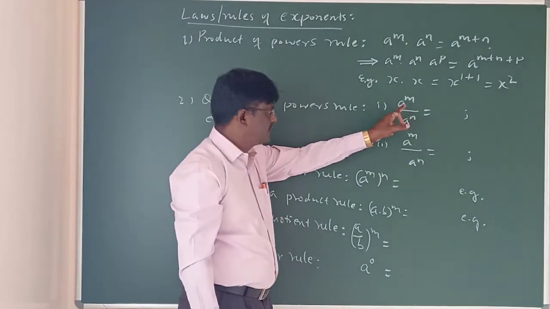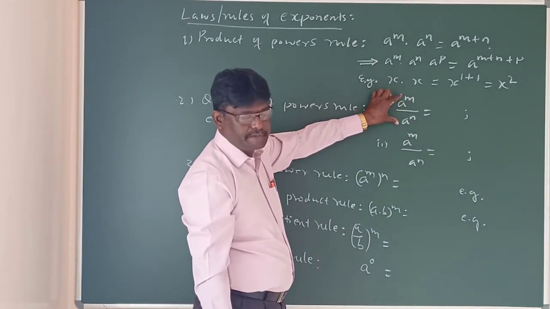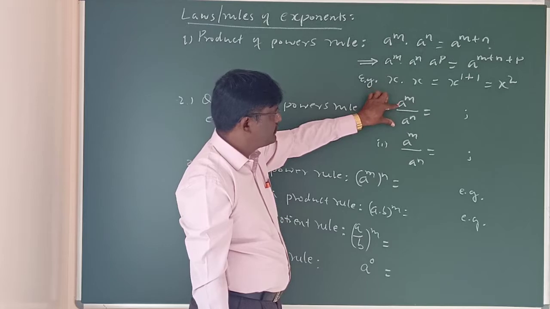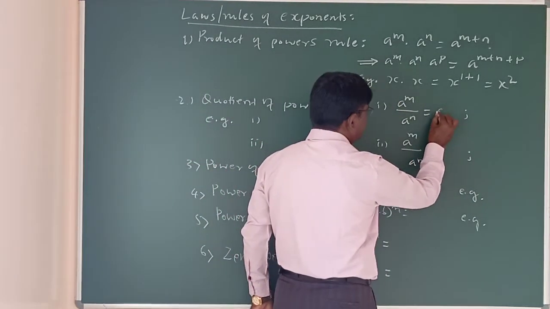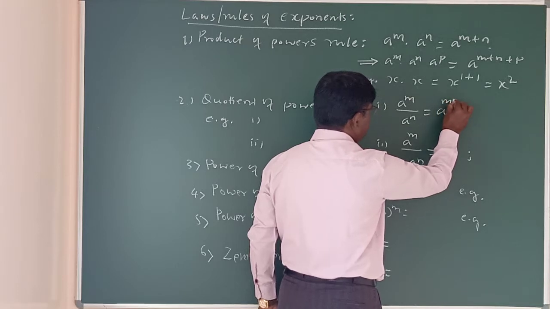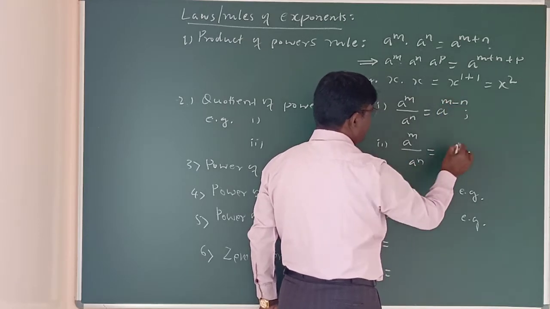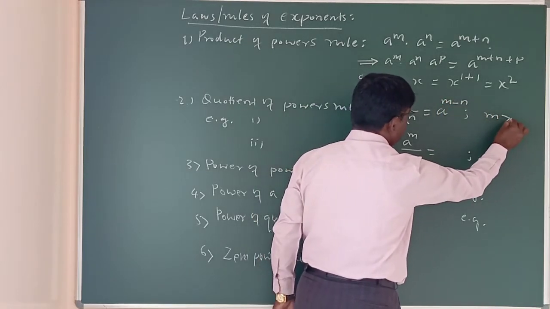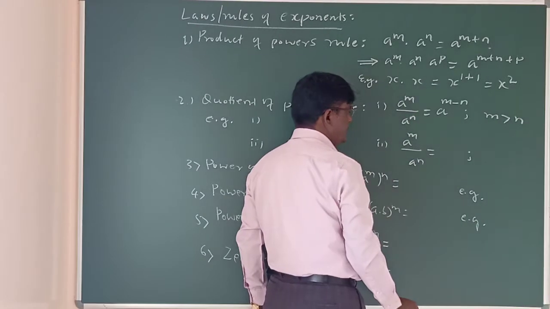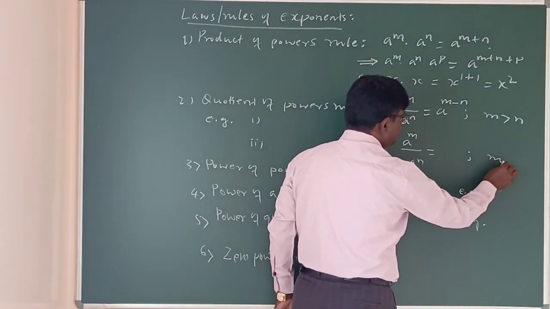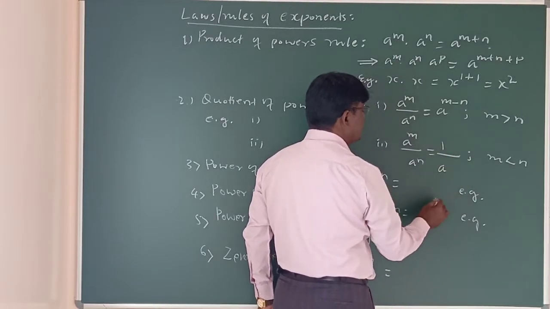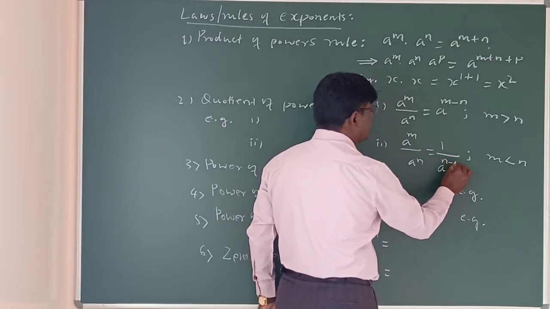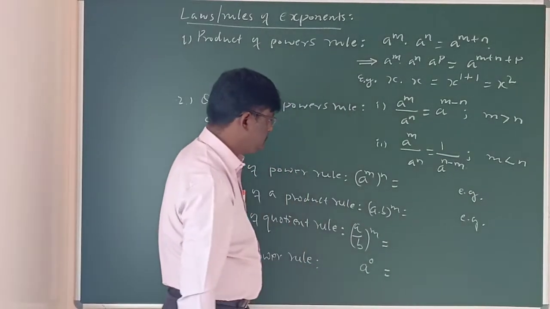Next, quotient of powers rule. In this fraction form, a power m divided by a power n, we say a is raised to the power m minus n, if m is greater than n. If m is lesser than n, this could be written as a raised to the power n minus m.